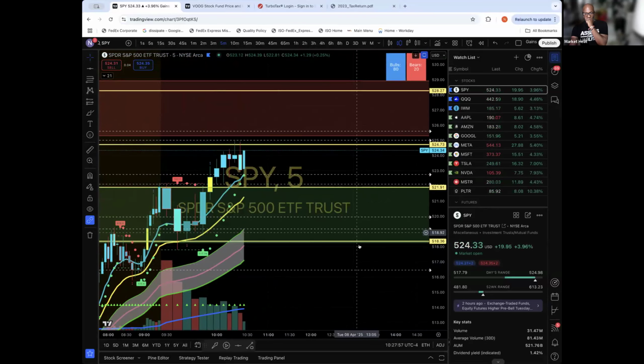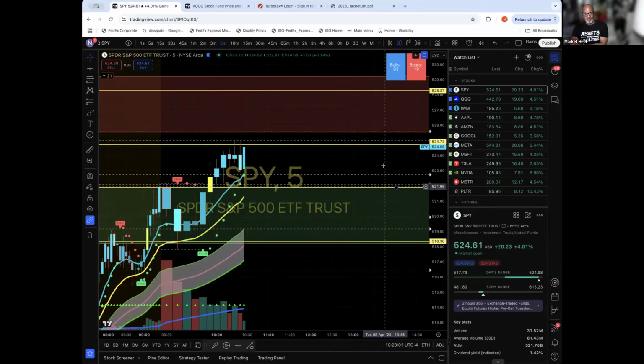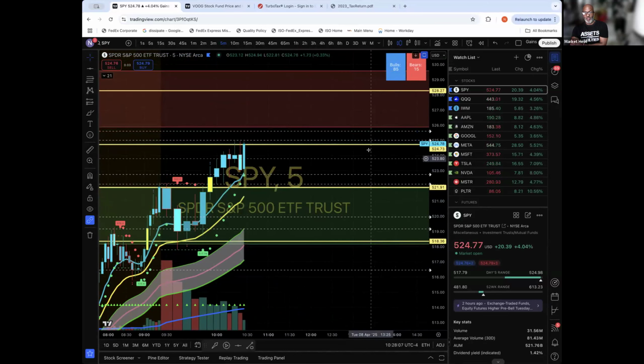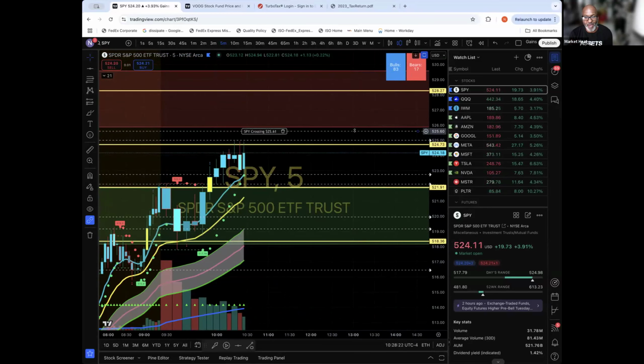So again, we have the bottom of support, the top of support, the bottom of resistance, and the top of resistance right here. Now, guess what? It just broke resistance again. That bottom of resistance is now almost at that key level right here, 525.01. And as I mentioned earlier, if it breaks 525.01, it is automatically going to 525.61.